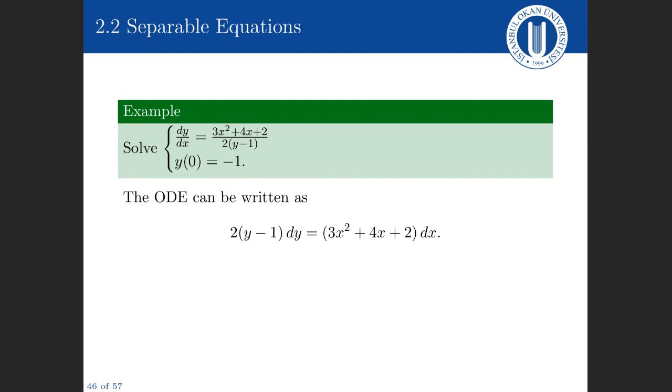First, I want to separate the variables. 2y minus 1 I move to the left by multiplying both sides by 2y minus 1. And dx, I want to move to the right by multiplying both sides by dx. And then I get (2y minus 1) dy is equal to (3x squared plus 4x plus 2) dx.